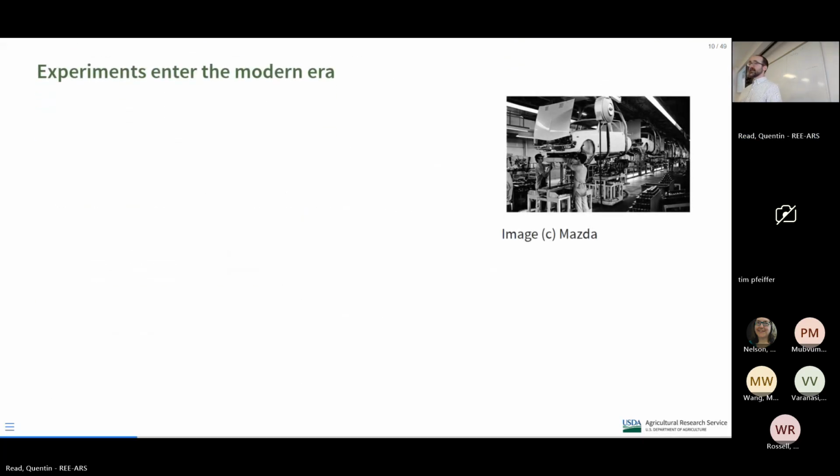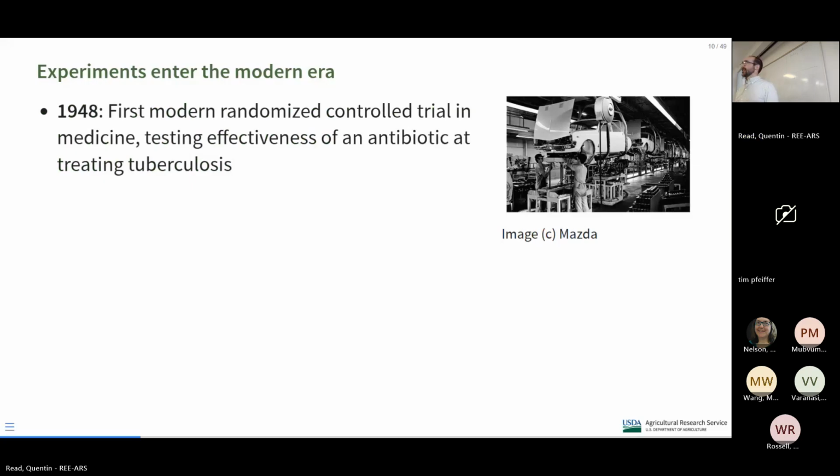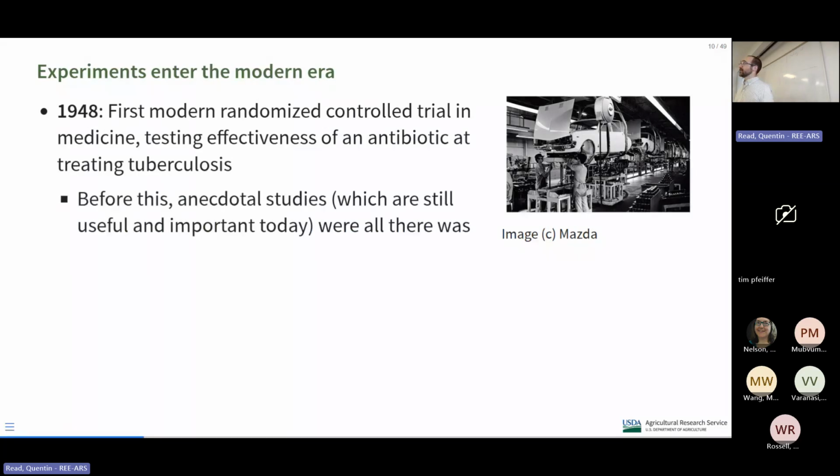And continuing from there, as I said, the scurvy trial in the 1700s was kind of a one-off. It took until probably the 1940s until randomized controlled trials were set up in a formalized and modern way. And a tuberculosis antibiotic trial was kind of the first one that is considered to follow those principles. And before that, most medical journals consisted almost exclusively of anecdotal studies, right?